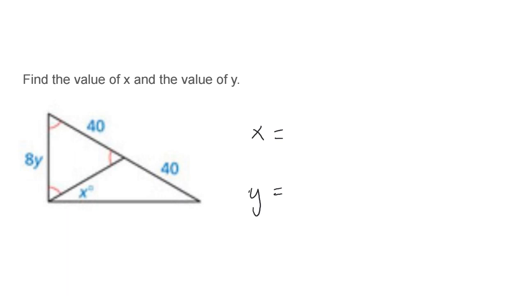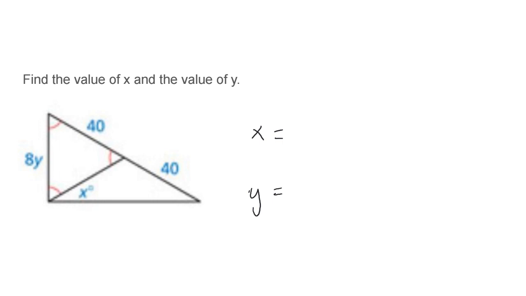Okay, so this one looks very similar to the other, and in a lot of regards it is, but there's something different about this one. So I still have to look for x and I still have to look for y. The only difference is now x is an angle measure. So if I'm looking at identifying it, this kind of looks like an isosceles triangle over here on the right, but I'm not quite sure.